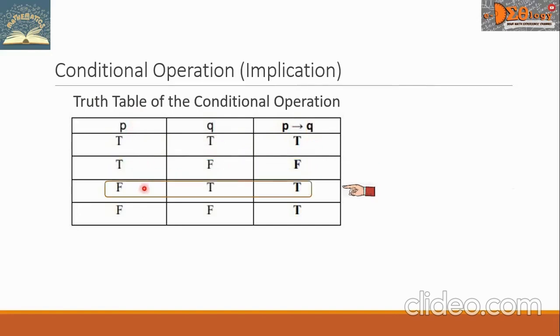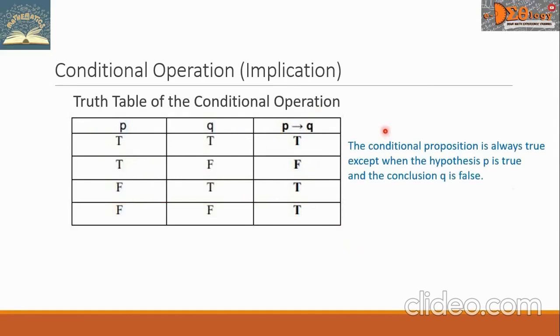When P is false and Q is true, P implies Q is true. When P is false and Q is false, P implies Q is true. The conditional proposition is always true, except when the hypothesis P is true and the conclusion Q is false.